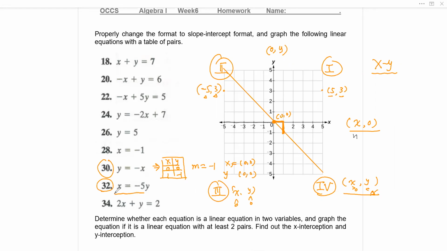For 32, we do some transformation first: y equals -1/5x. Let me use a different color so you can easily find it. You can give 2 points. It passes 0, 0, definitely. It passes 5, -1. You can quickly find it here: 5, -1 is right here.